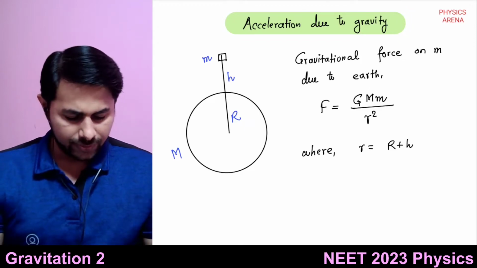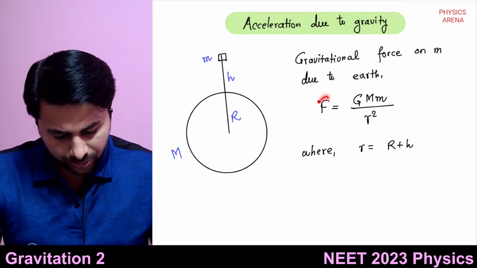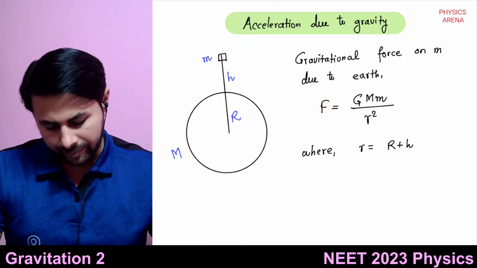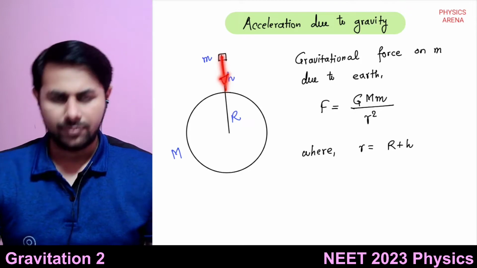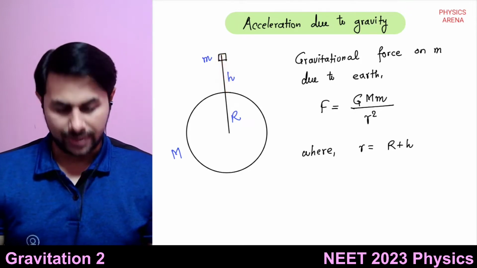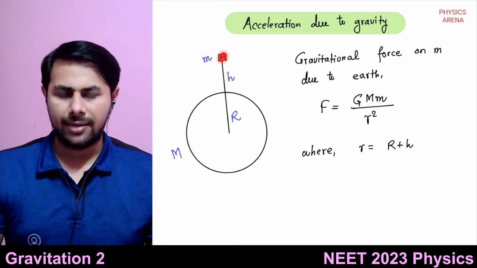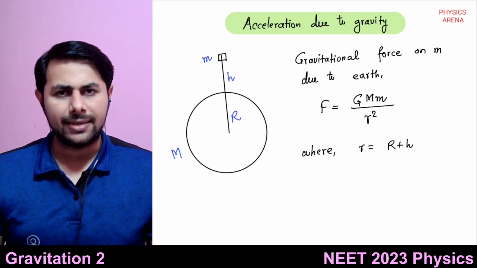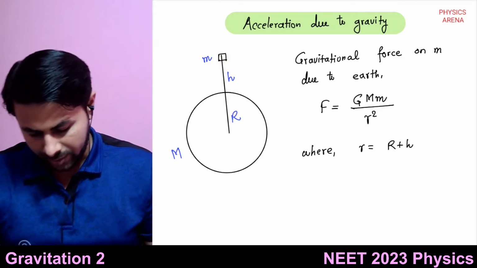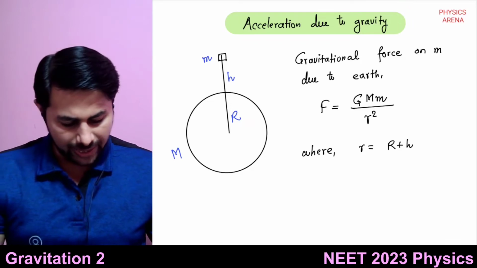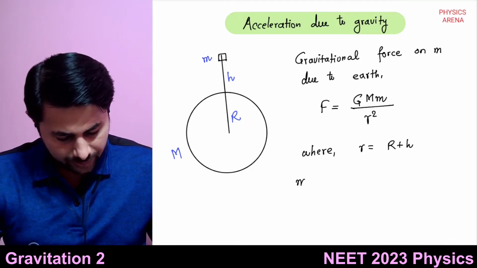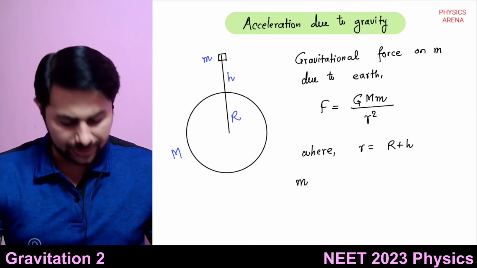Now this force is equal to mass times acceleration for this mass. Force acting on this mass m is equal to mass times its acceleration.